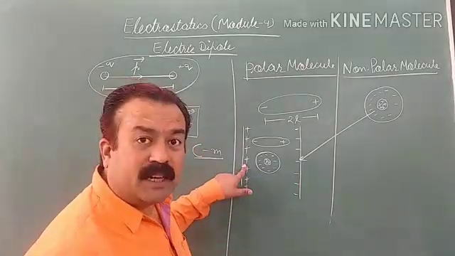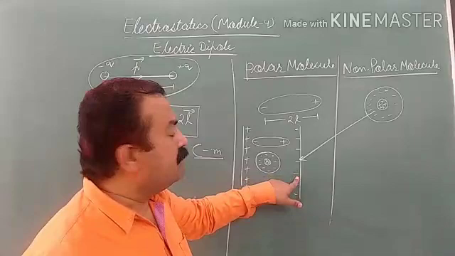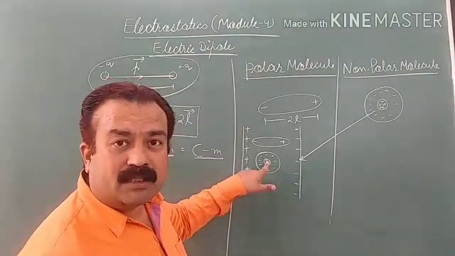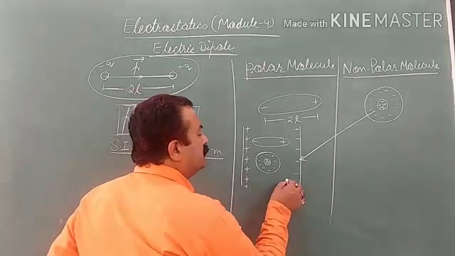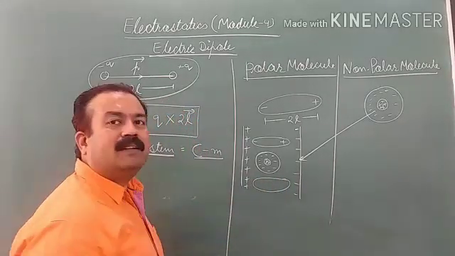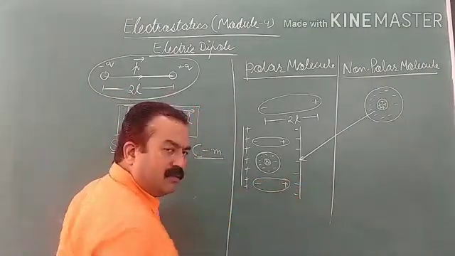The positive charge will attract the center of the negative charge, and the negative charge will attract the center of the positive charge. Then the shape of the non-polar molecule becomes just like this.